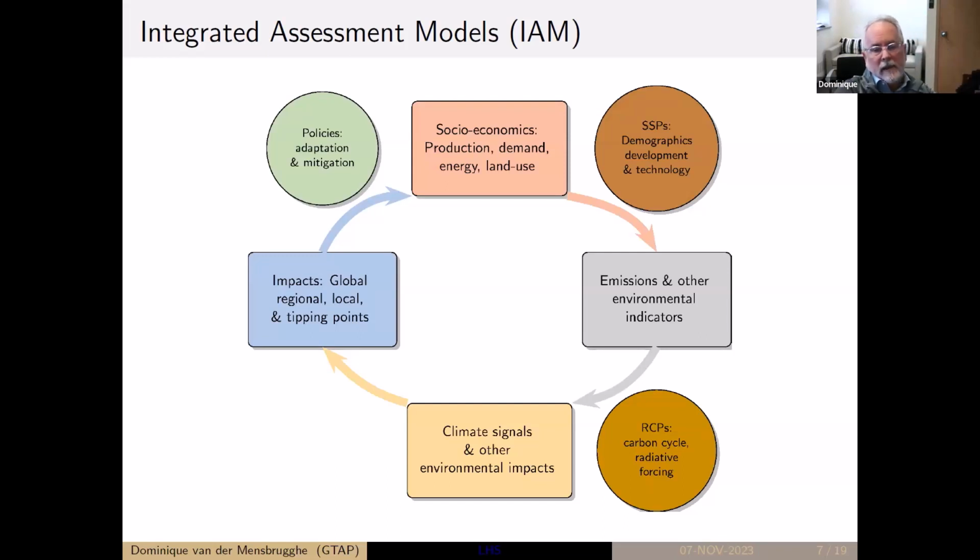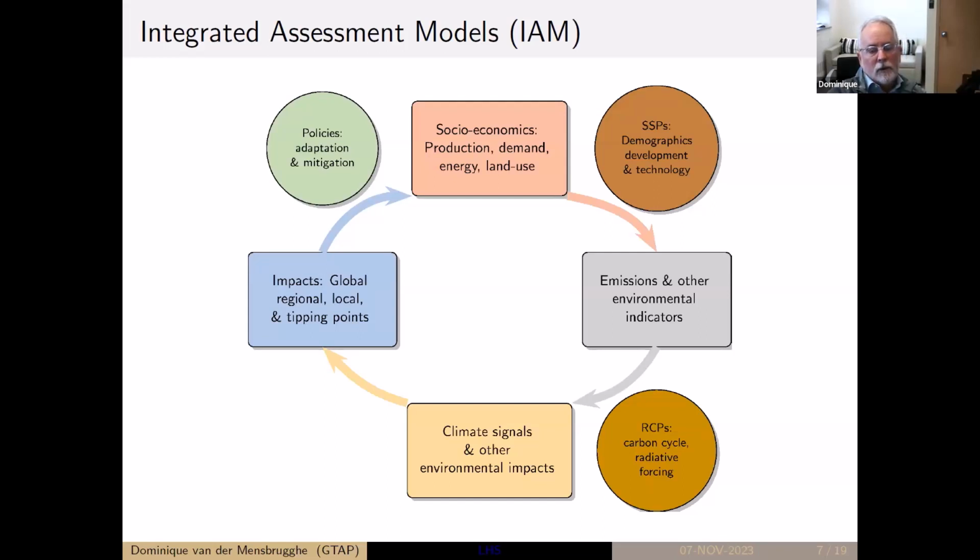The emissions go into the atmosphere, and that then goes into a climate model, which generates one or more climate signals. We're going to focus here on temperature, but it could be precipitation, and there are all sorts of other potential indicators that may come out of a climate model, such as extreme events, etc.